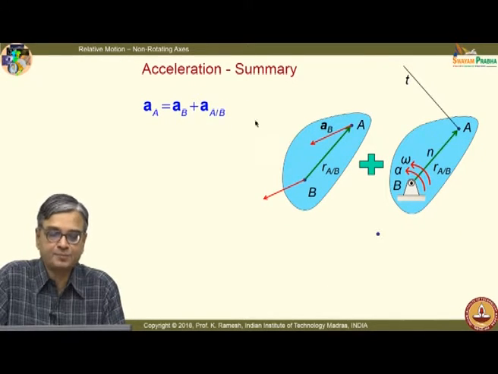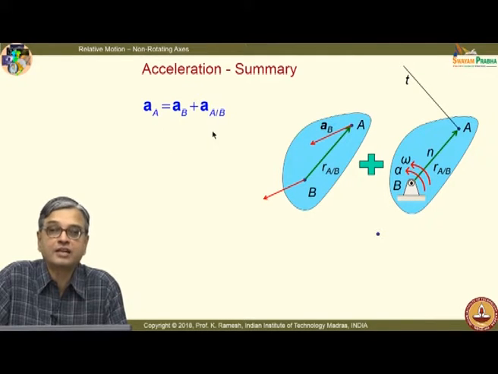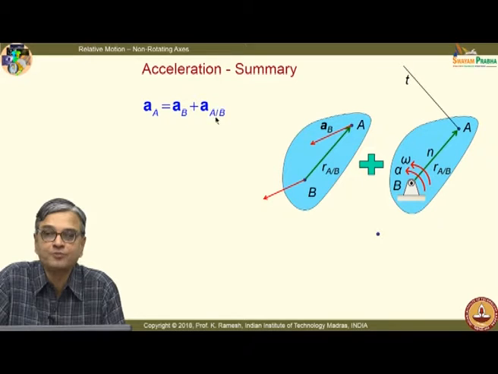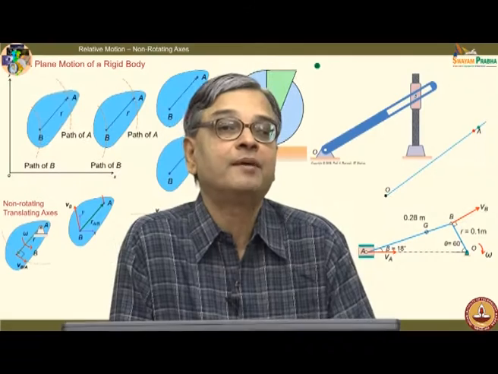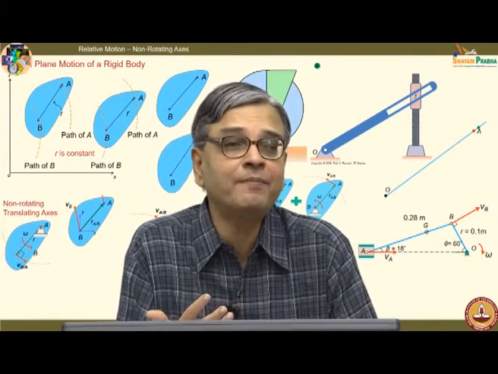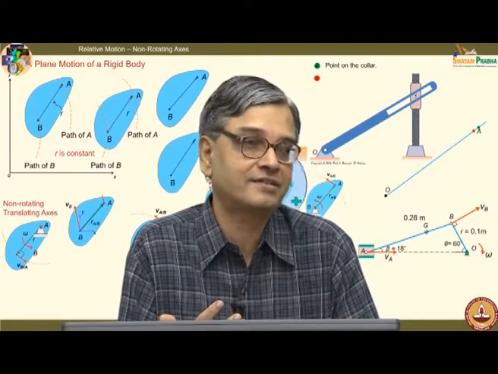And we would also write the expressions. Ultimately, we need to settle down with expressions. So, I am going to rewrite the same thing. I need to get the absolute acceleration of point A, that is nothing but absolute acceleration of point B and relative acceleration of point A with respect to B. And my computation is largely simplified because of our recognition that relative acceleration I can easily get from circular motion equations.